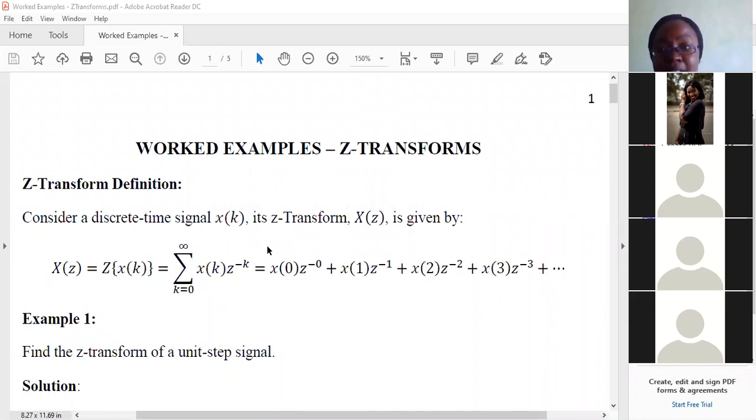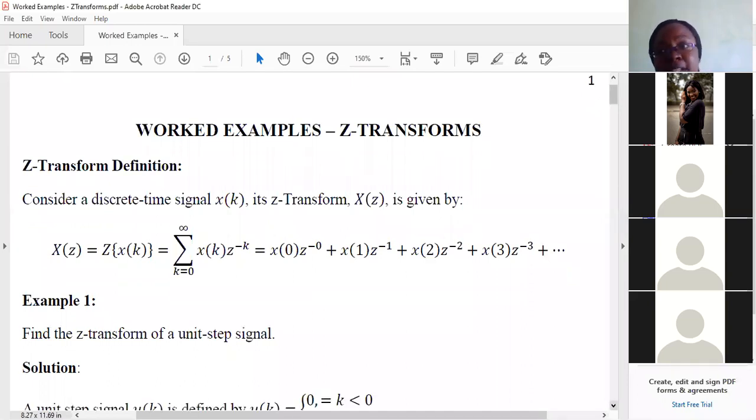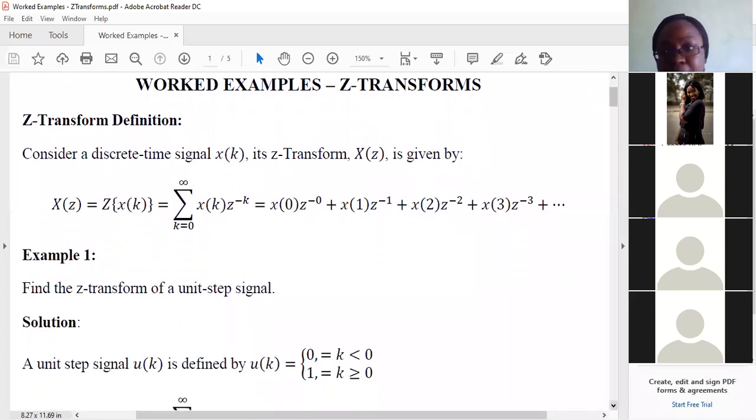Like we can study its stability, we can study a lot of things. We can do a lot of things when we're in the Z domain. But when you are limited to the time domain for a discrete time signal, you cannot really do much and you cannot really see much. So that's the reason why we have to convert to the Z domain.